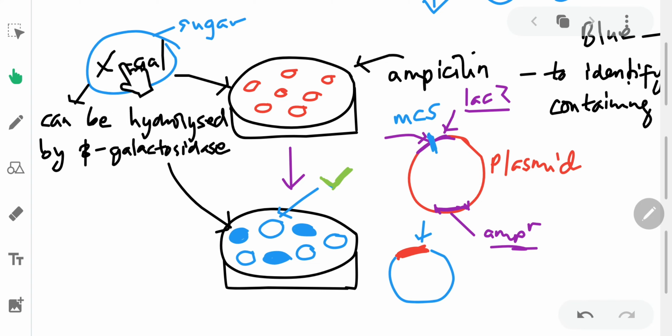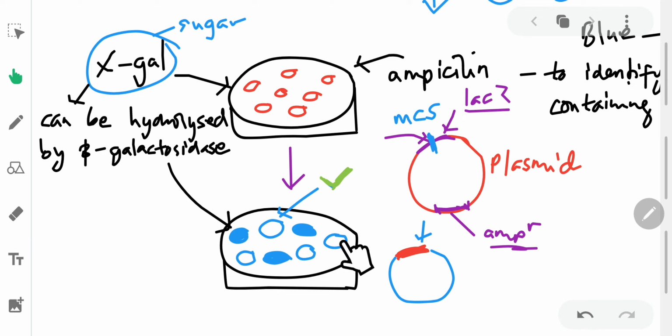When the X-gal is not hydrolyzed, the bacterial colony will look like this, white color. So when scientists see this white colony, they immediately know that this white colony has the target gene, the target DNA inside.